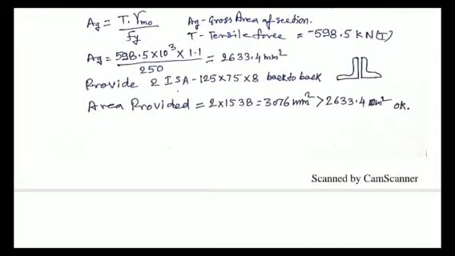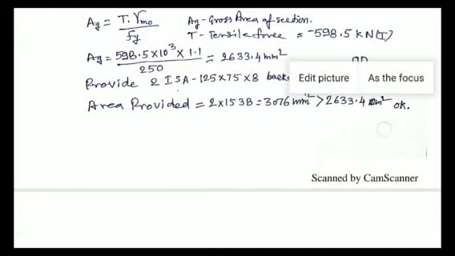So provided area will be 2 times 1538 mm square. So provided area is 3076 mm square, which is greater than the required 2633.4 mm square. Hence it's okay.